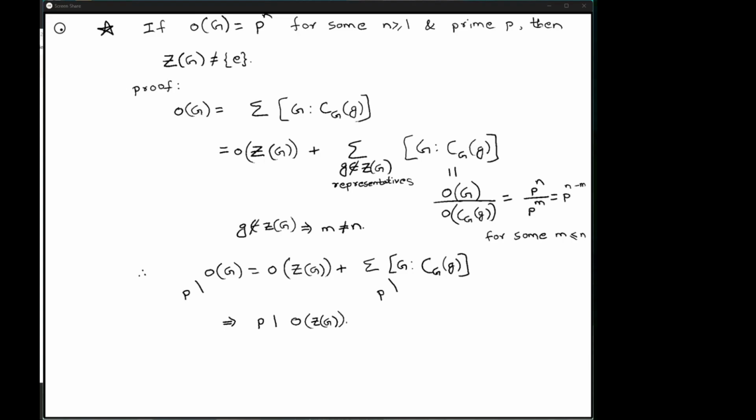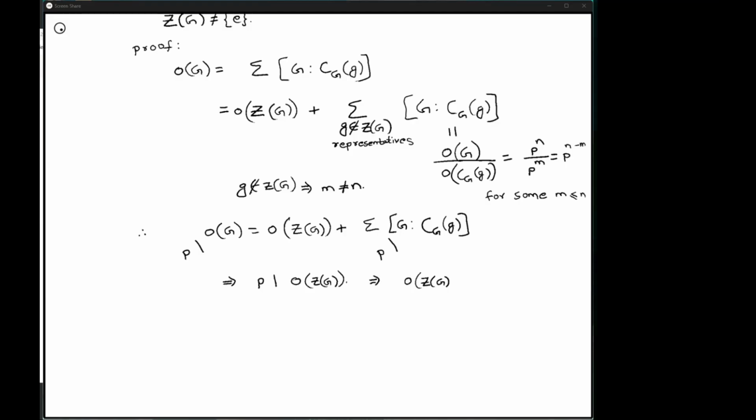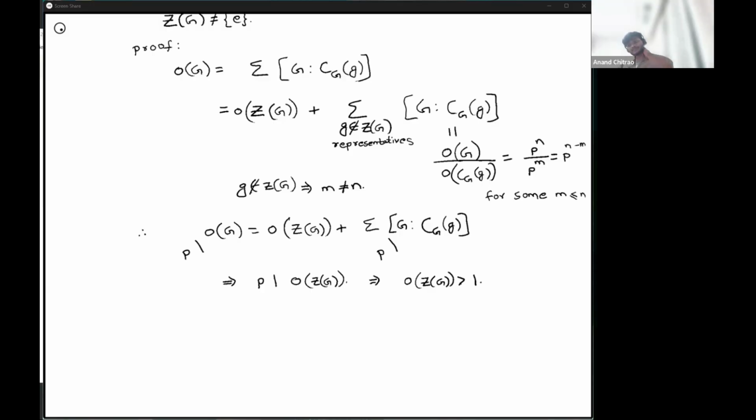Now, ZG definitely contains identity. Therefore, the order is at least 1, but since the prime divides the order of ZG, the order cannot be 1. It has to be bigger than 1. It has to be at least P. So that means the center is not trivial.